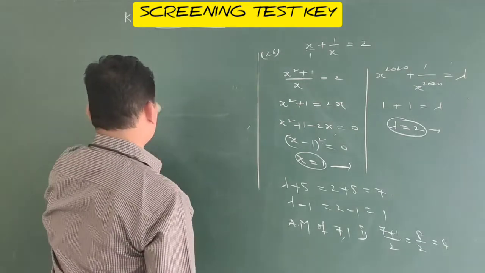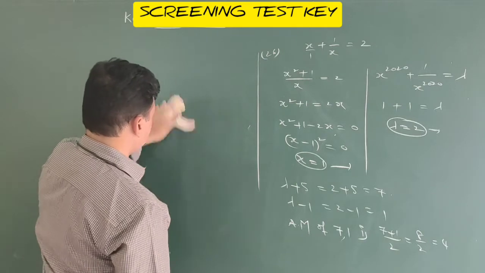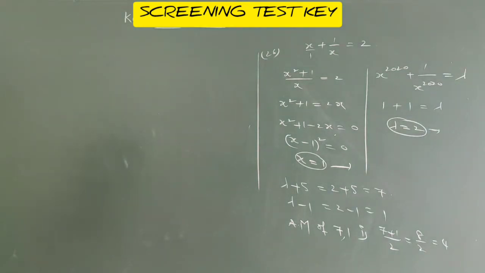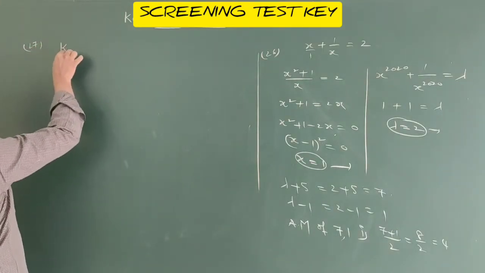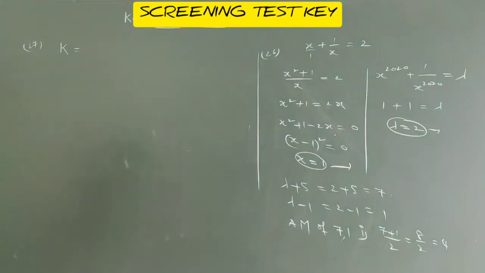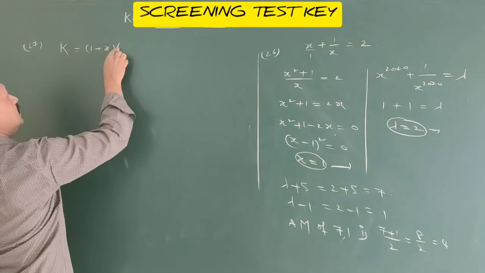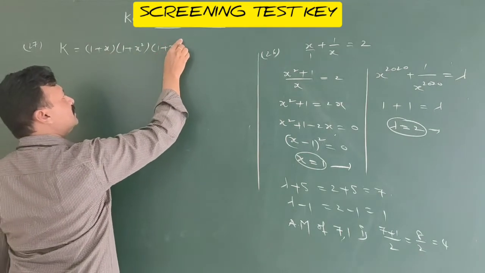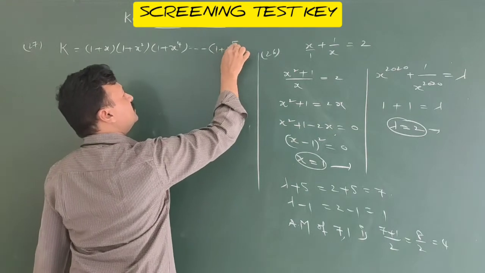Next, 27th one. K equal to (1 plus x) into (1 plus x square) into (1 plus x power 4) and so on into (1 plus x power 512), all they give.